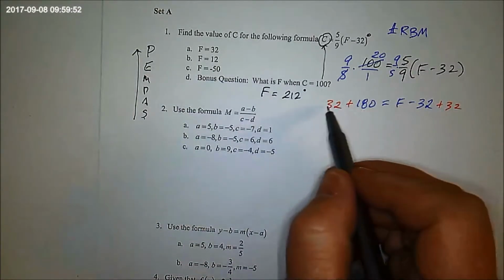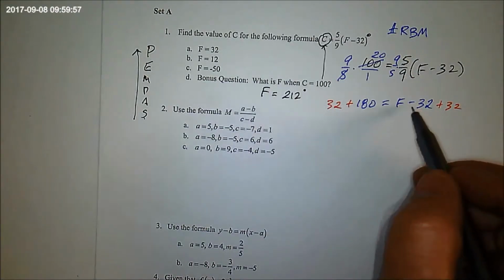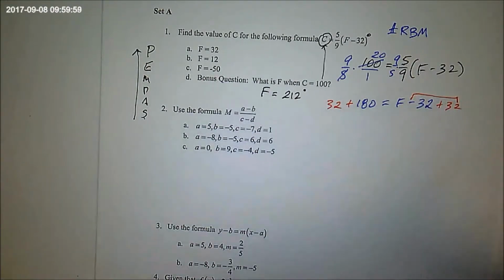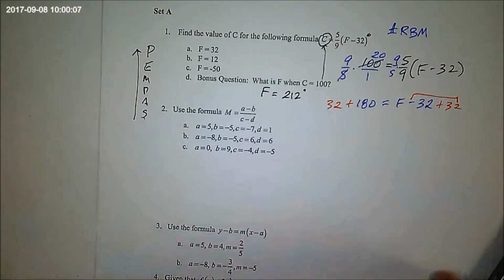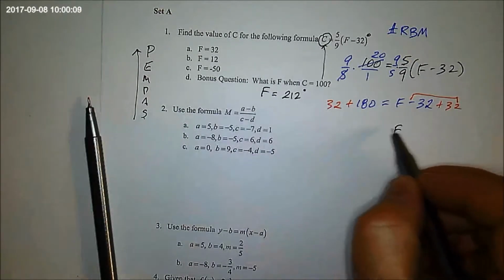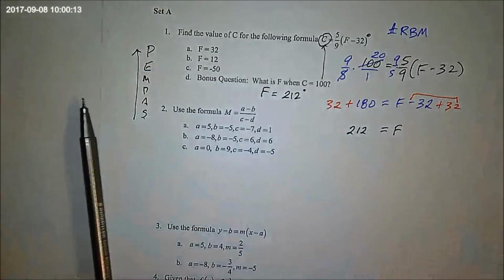That's a positive 180, and we're adding 32. When I combine like terms, it doesn't cancel, it equals 0, because you're adding, it's plus 0. So this is left with F equals 212.